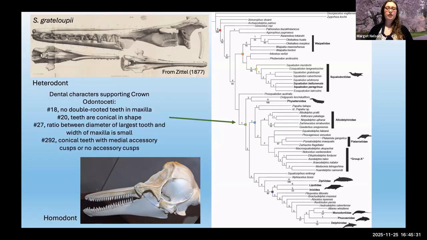Sorry, I completely blanked on the word, hybridizing. There we go. But we know that is possible in odontocetes. I would love to know how far back it goes, if that's something they can just do ancestrally, or if it's something unique to these really rapid radiations of modern dolphin toothed whales.